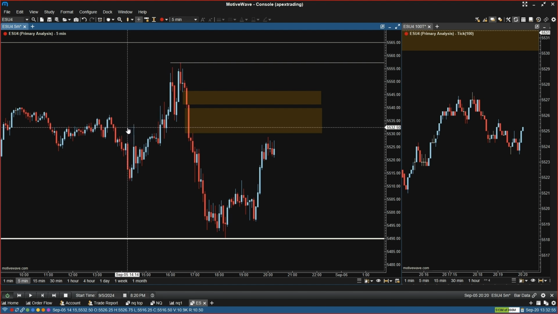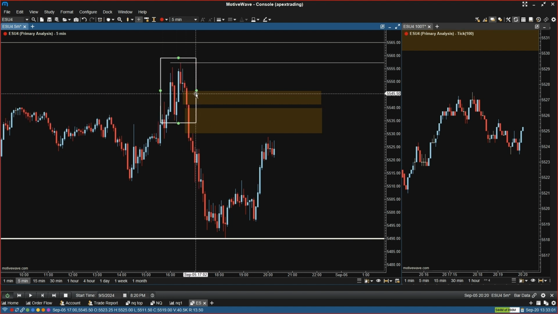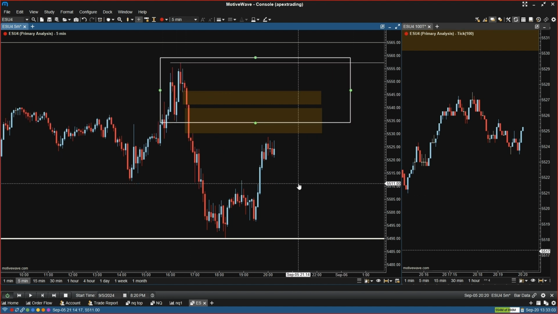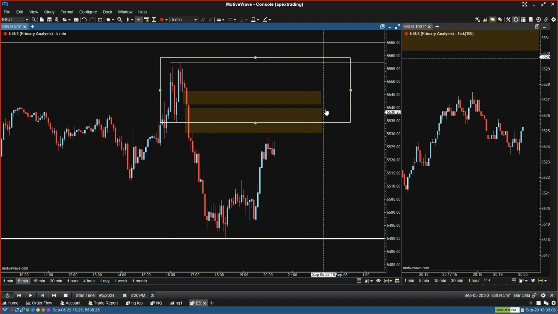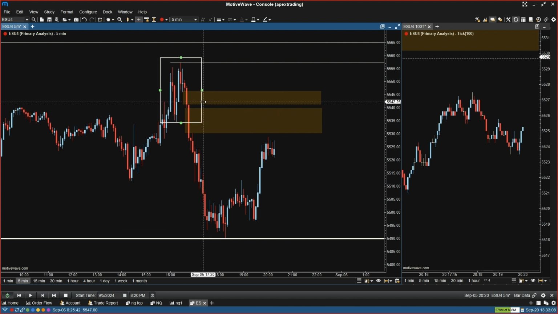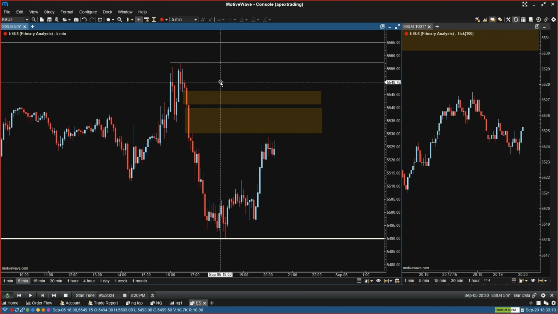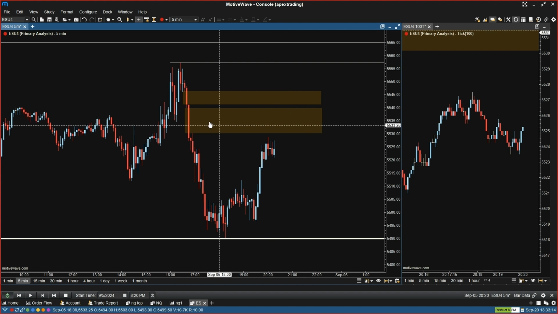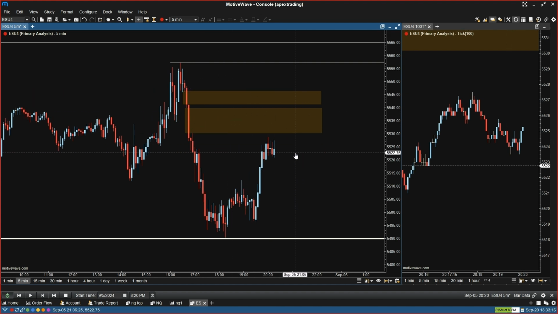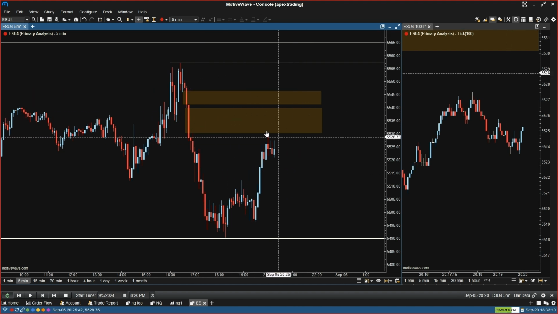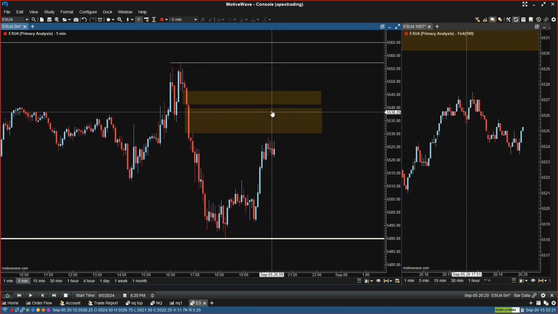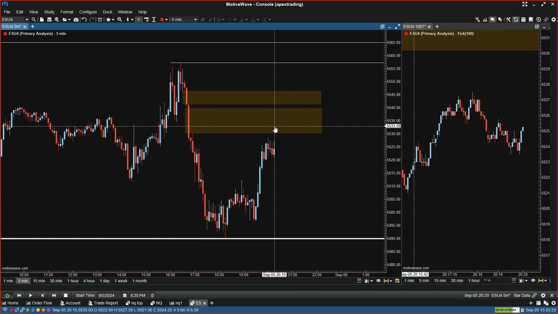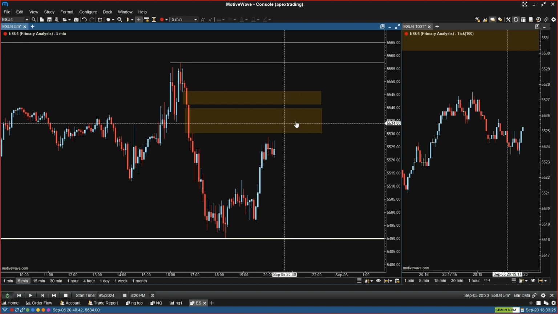So we can also see here, we can discuss this in a further video, a 5 minute breaker block here, this area. So it's very interesting for the bears here. There are a lot of areas for us to think that, okay, are these the points of interest where sellers are going to enter, right?